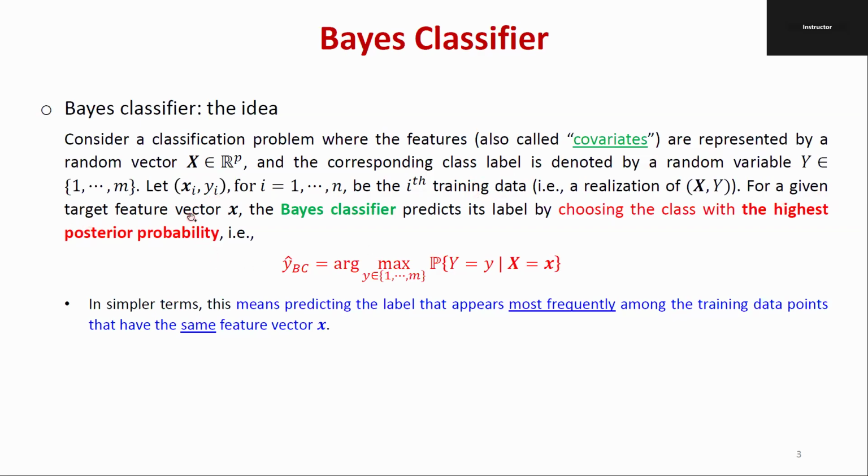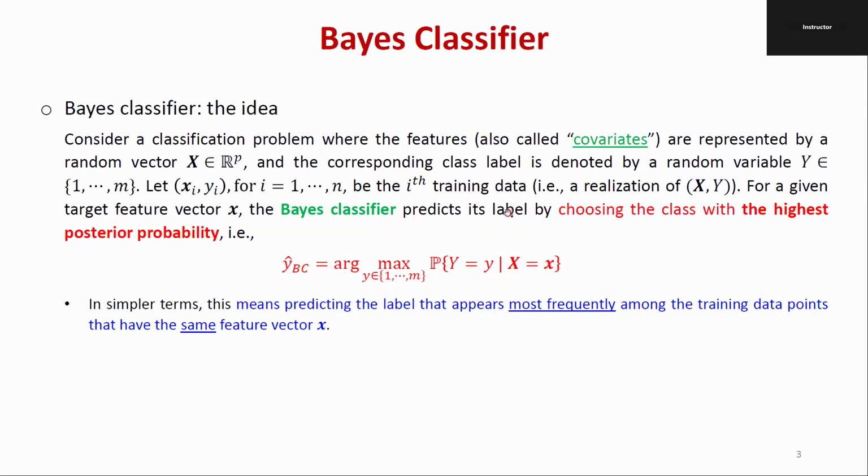Now for a given target vector x, which is unknown, the Bayes classifier predicts its label by choosing the class with the highest posterior probability. Mathematically, we write it this way, and this is the posterior probability: the probability of the label equal to a specific y given X equal to x. This means, okay, I've already observed this x vector.